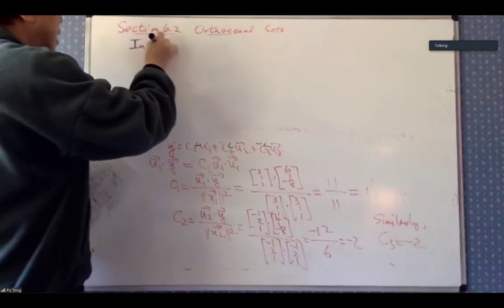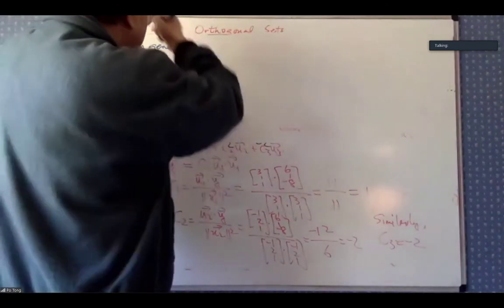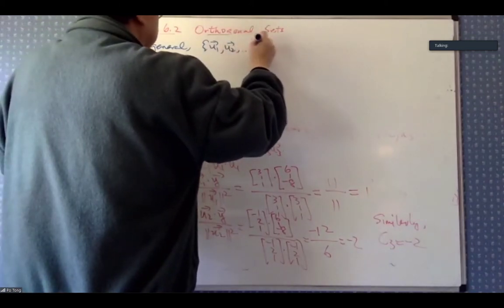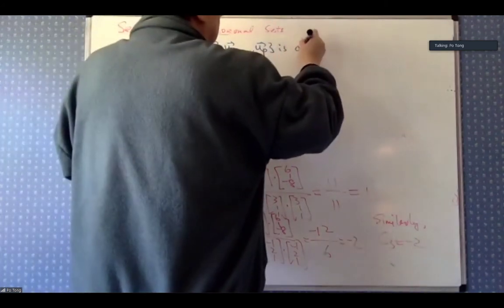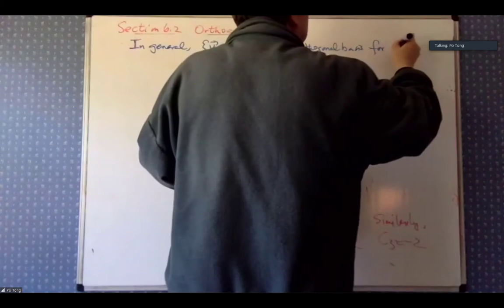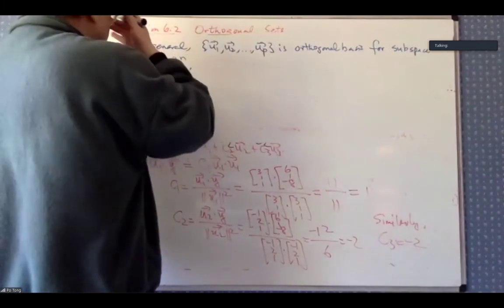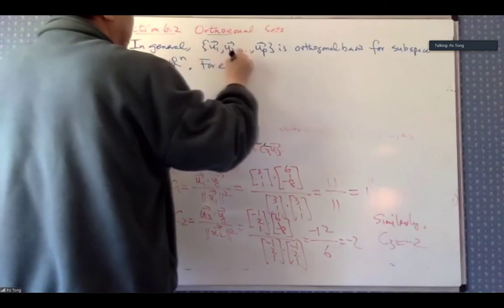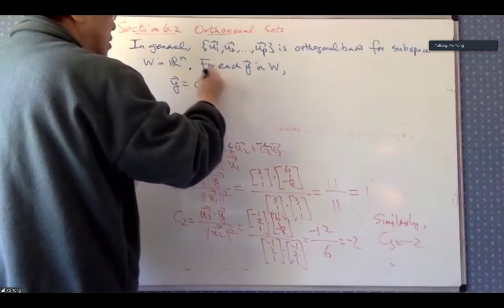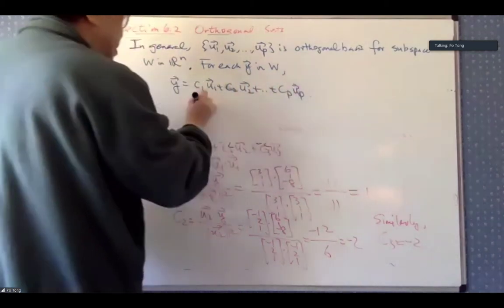In general, this guy, orthogonal basis for subspace W in R^n. For any y in W, y is equal to C1 U1 plus C2 U2 plus up to CP UP. What is the formula for CI?